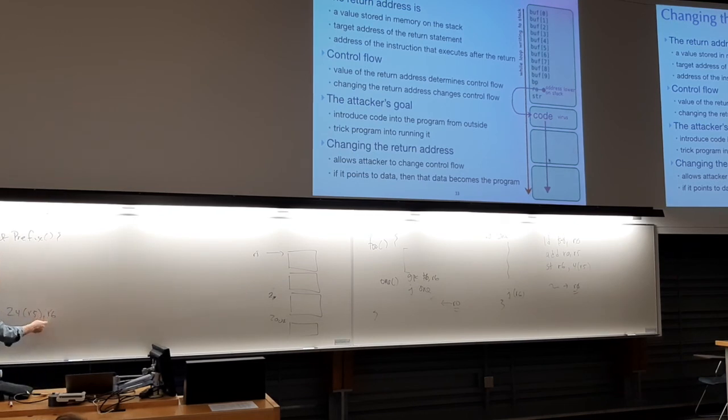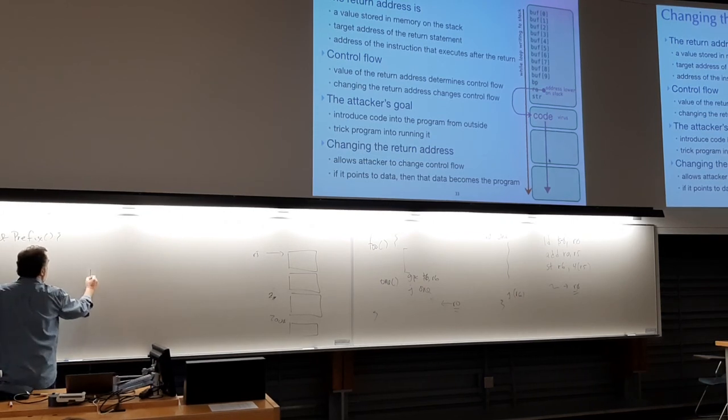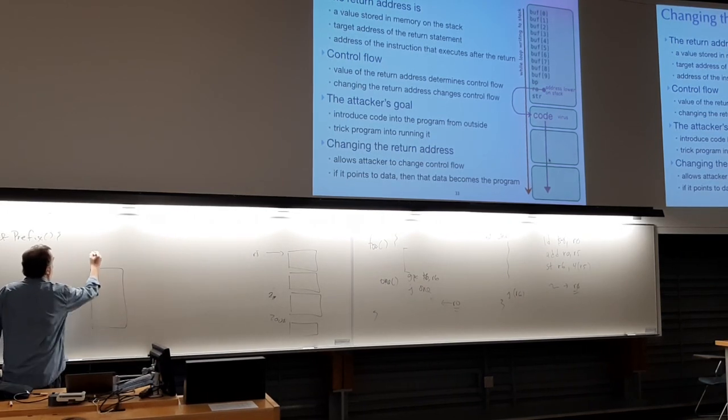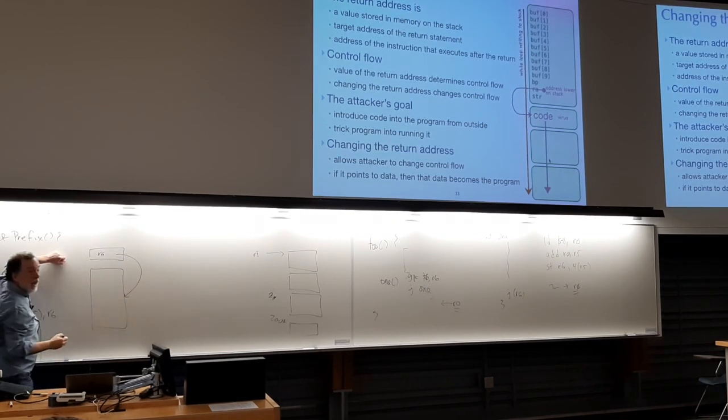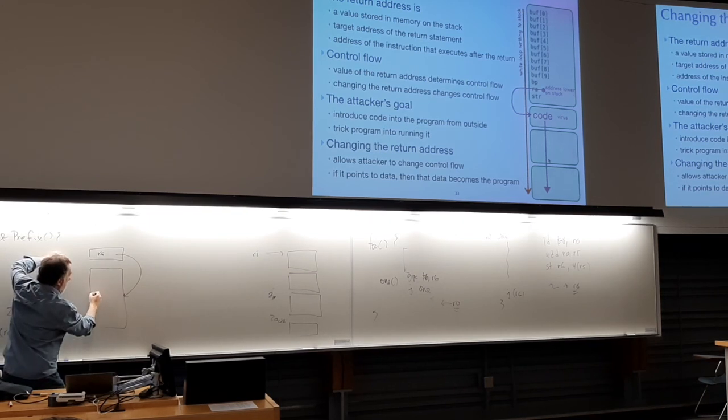So this value here, which goes into R6, so here's the stack, and here is the return address, points somewhere else on the stack below it, and then there's the virus.